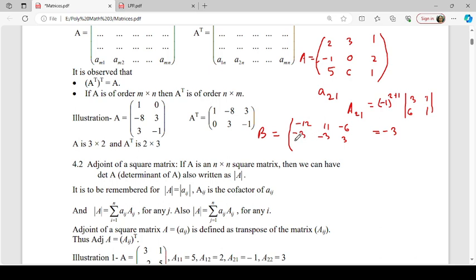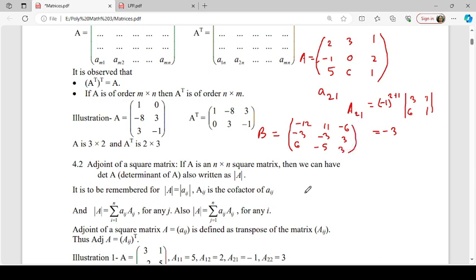Then the cofactor of a31 is 6. The cofactor of a32 is minus of 4 plus 1; 4 plus 1 is 5, and we take the negative of this 5. Then a33 is 0 minus, this is plus 3. So this is the cofactor matrix.